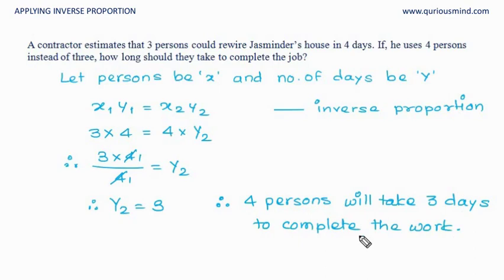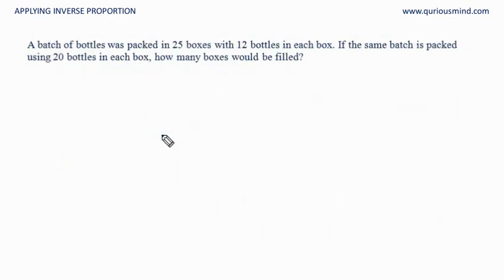Let's do one more. A batch of bottles was packed in 25 boxes with 12 bottles in each box. If the same batch is packed using 20 bottles in a box, how many boxes would be filled? Now there are a certain number of bottles. We don't know how many. Those bottles can be packed in 25 boxes if we use 12 bottles in each box.